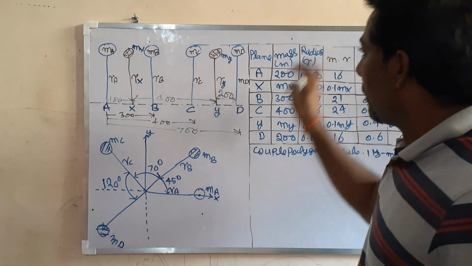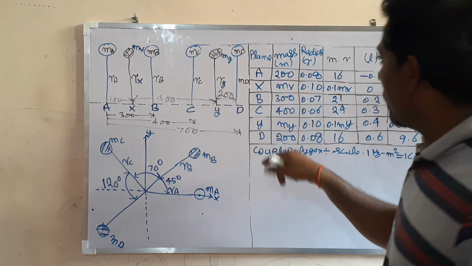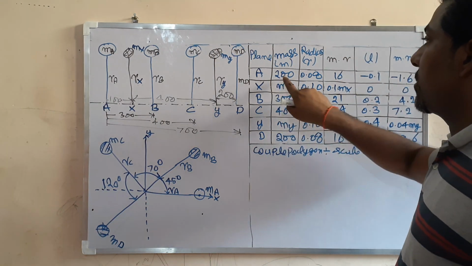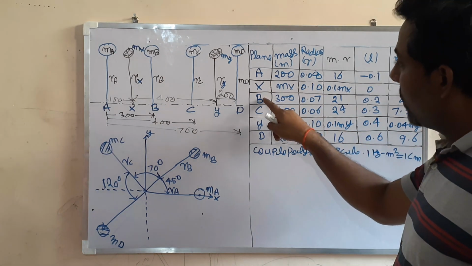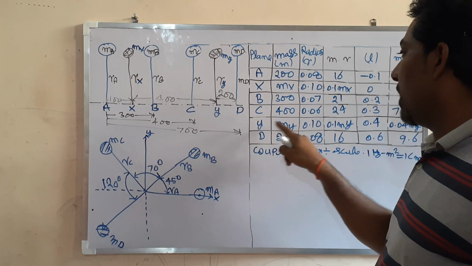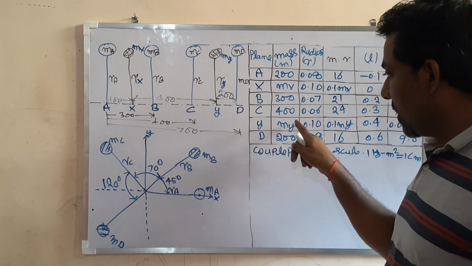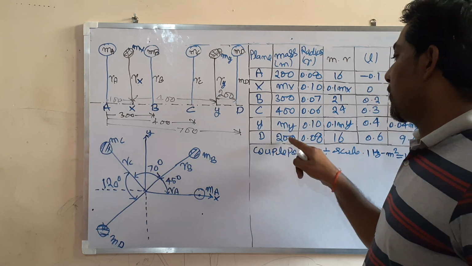Now the mass m. What are the masses in these planes? In plane A, the mass given is 200. In plane X, let us assume this is mx. In plane B, they have given 300. In plane C, 400. In plane Y, let us assume this is my. You have to calculate mx and my. In plane D, this is 200.